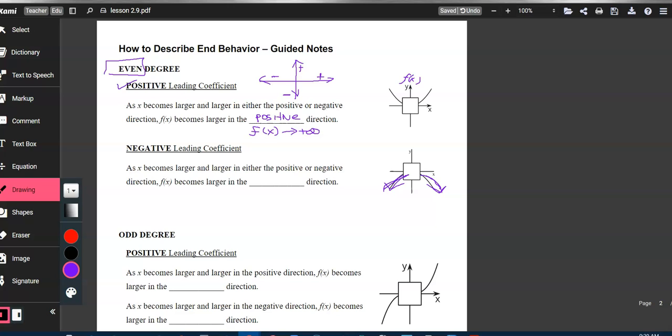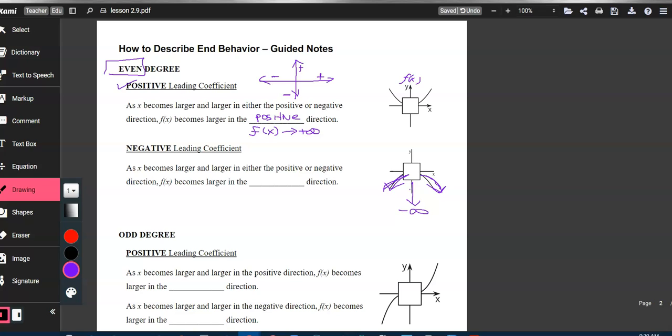As x becomes larger in the positive or negative direction, notice what happens to the f of x. The f of x is going down to negative infinity.